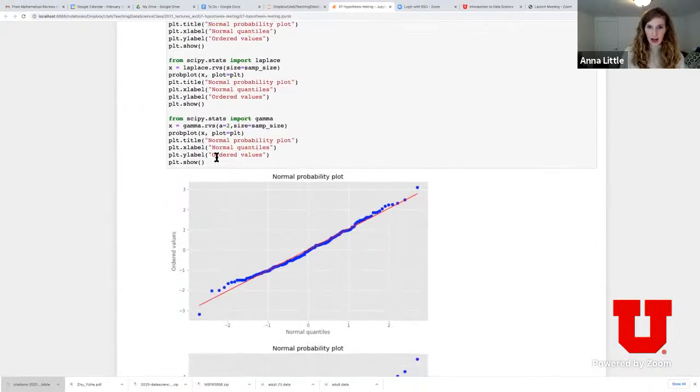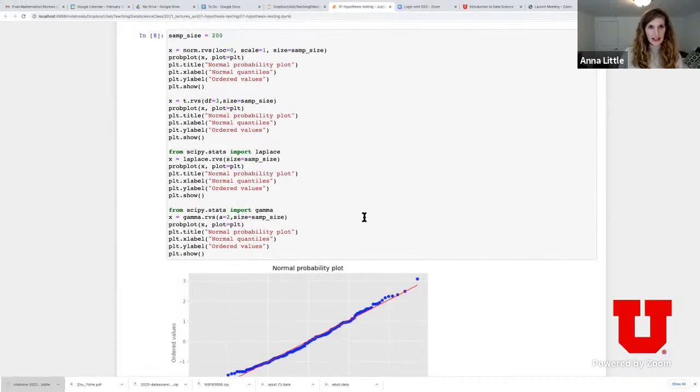And let's take a look at the plot. This is the normal probability plot. And you can see it is very linear. Now it's not perfectly linear, but this was an exact normal distribution. So even a normal distribution has some deviation from linearity, but you see that overall it's pretty close to linear.